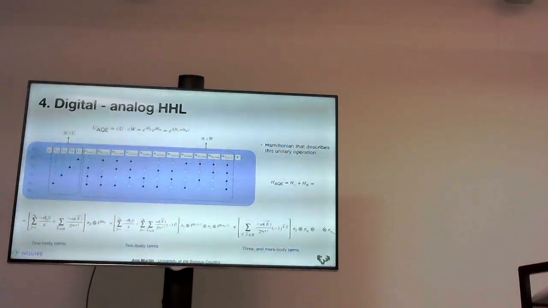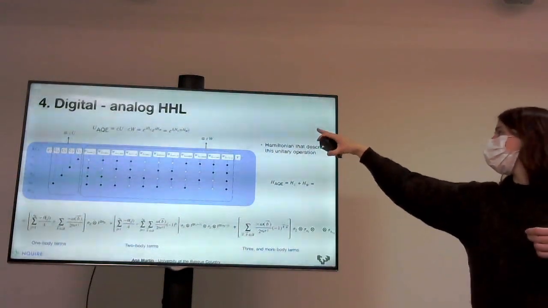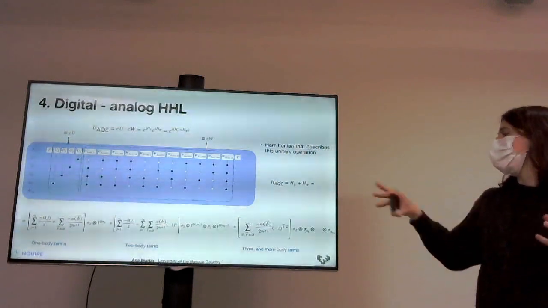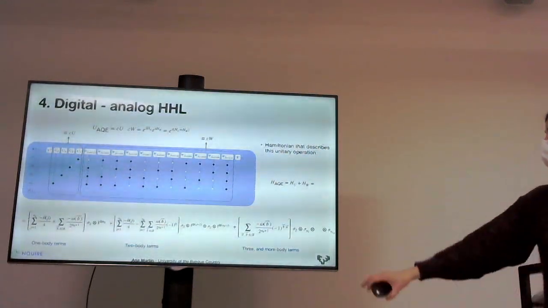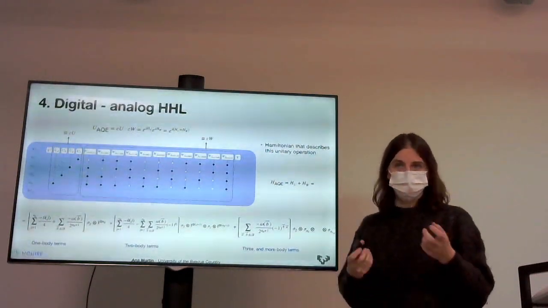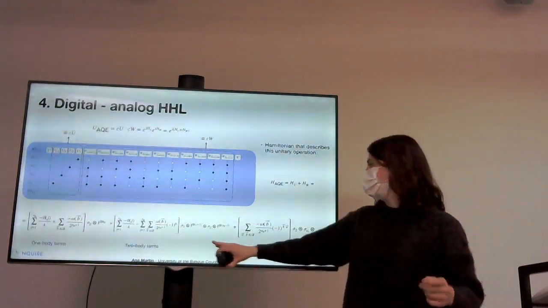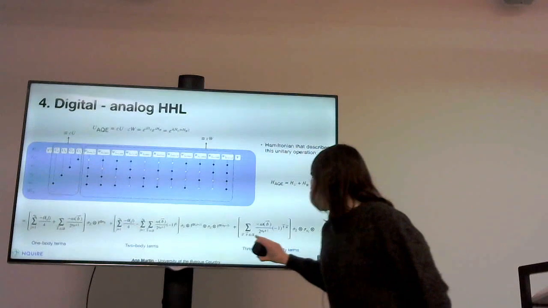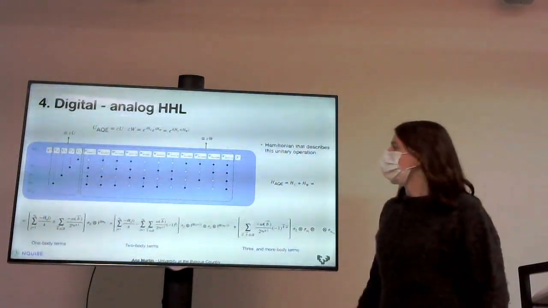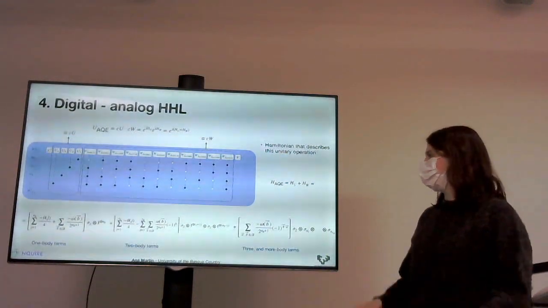So we have analyzed the whole unitary, and we have expressed it in terms of its Hamiltonian, and grouped the Hamiltonian terms by the number of bodies that are involved in this operation. So we have 1 body terms, 2 body terms, and 3 body terms, and they represent the whole ancilla quantum encoded part.